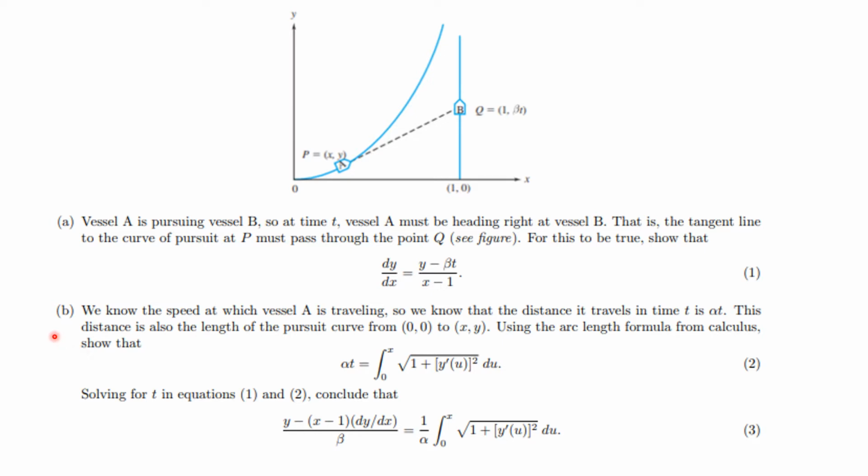Part B. We know the speed at which vessel A is traveling, so we know the distance it travels in time t is alpha t. This distance is also the length of the pursuit curve from (0, 0) to (x, y).